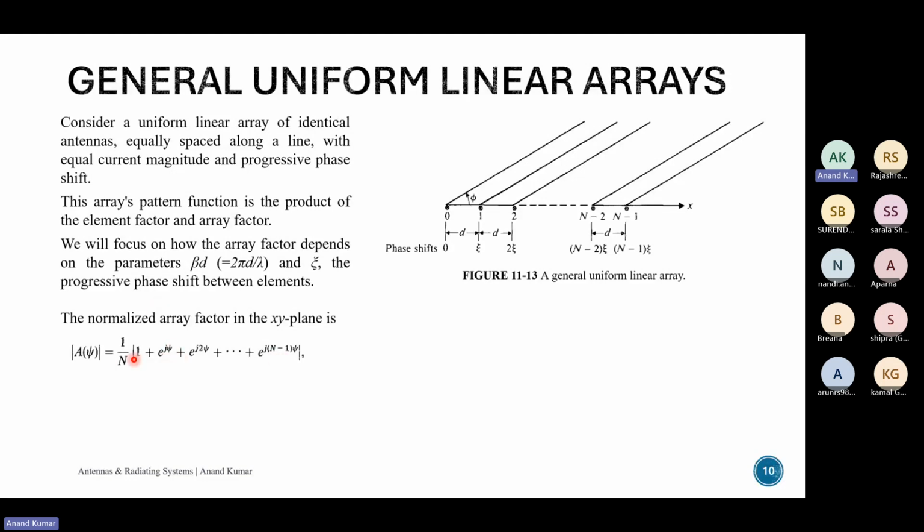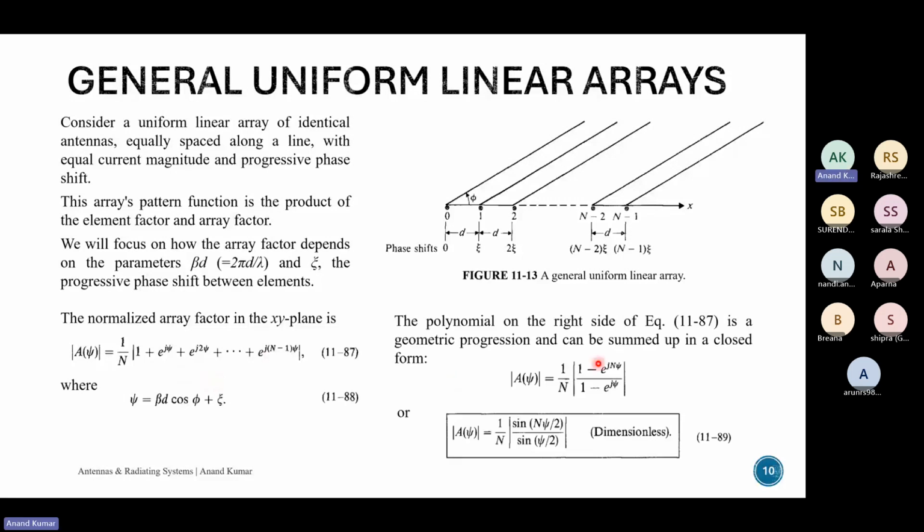So we are taking things in common, and we get this expression. And if you look closely, as discussed in the last class, this is actually a geometric progression. We know the summation expression for a geometric progression where we have n number of elements. Using that, we get this expression over here. So this is the expression for the array factor.